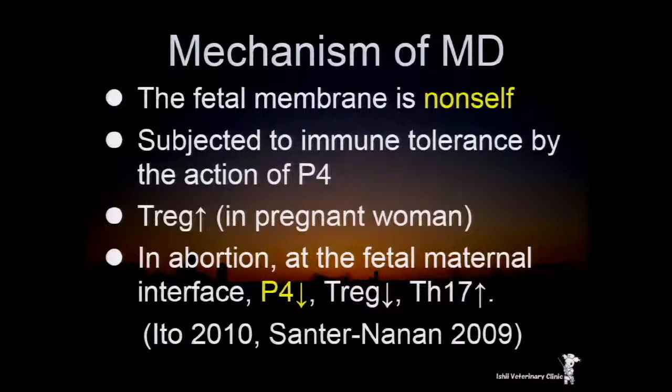However, in abortion and premature birth, P4 decreases at the fetal-maternal interface, Treg decrease, and Th17 cells increase that induce the inflammatory response in humans. Supplementing P4 may induce immune tolerance and suppress inflammation, we hypothesized.